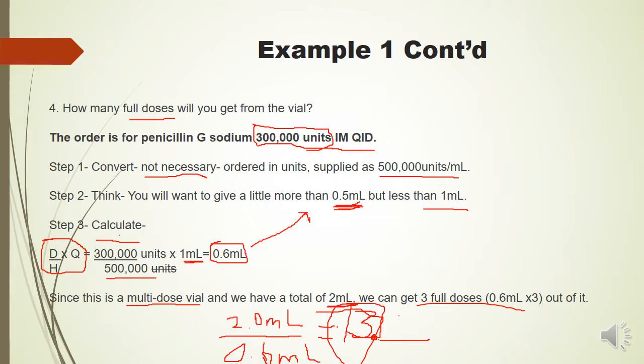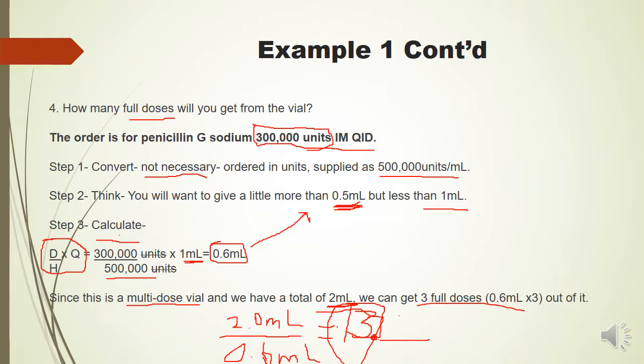3 point something. Because it's over 3, we can't use parts of a dose. We want to know how many total full doses. So we can only say we can make 3. Sorry for the terrible scribbling, but you get the gist.